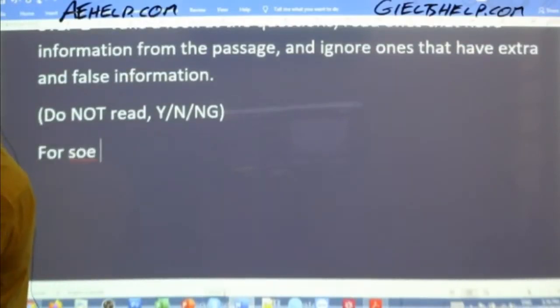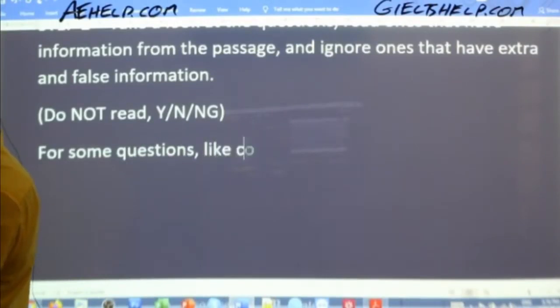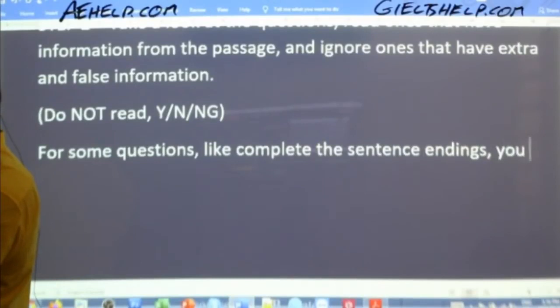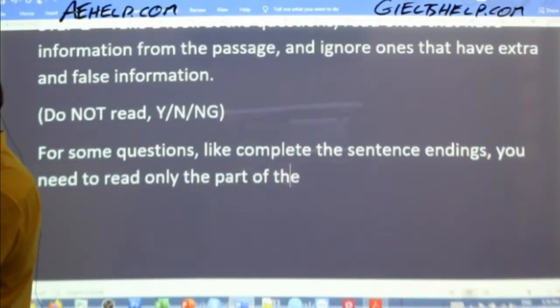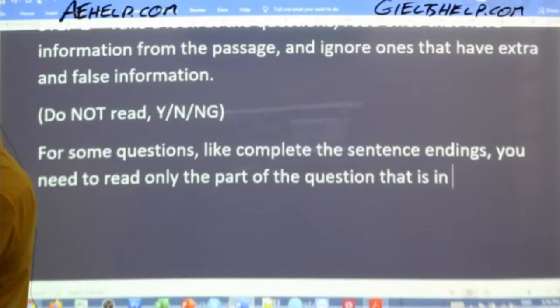For some questions, like complete the sentence endings, you need to read only the part of the question that is included in the passage. Okay.